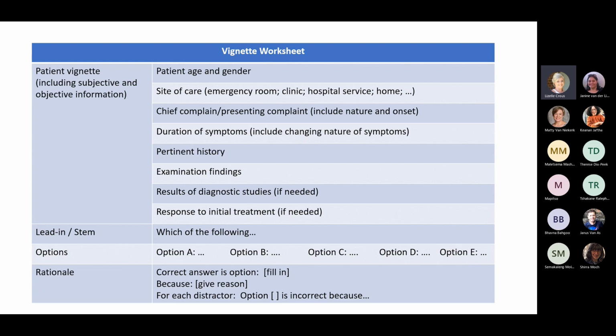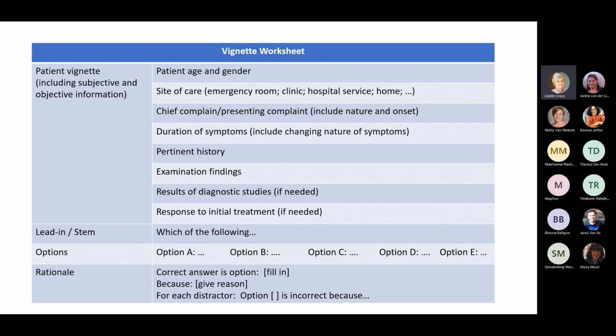You will have your patient age and gender, the site of care, so where it is taking place, setting the scene. You will have a short sentence around the chief complaint, the presenting complaint. When did it start? What is the nature? Duration of symptoms, including the changing of symptoms, or is it radiating anywhere?